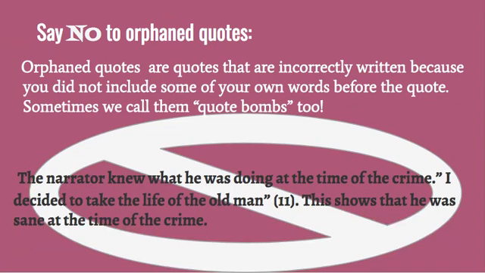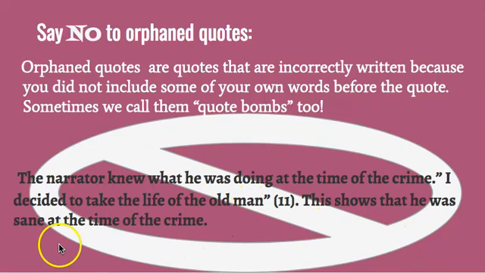Say no to orphaned quotes, please. Orphaned quotes are quotes that are incorrectly written because you did not include some of your own words before the quote. Sometimes we call them quote bombs too, because they're just bombs dropped in the middle of your writing. The narrator knew what he was doing at the time of the crime. Quote, I decided to take the life of the old man, end quote, 11.